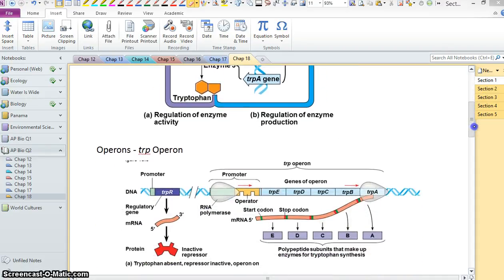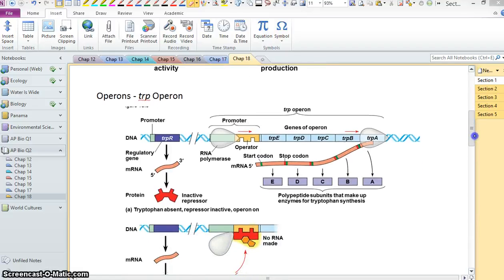Now, bacteria have their genes clustered in these things called operons. An operon is a cluster of genes that are related in the sense that they code for gene products that are involved in the same biochemical process.